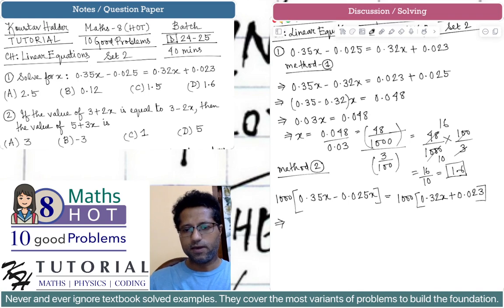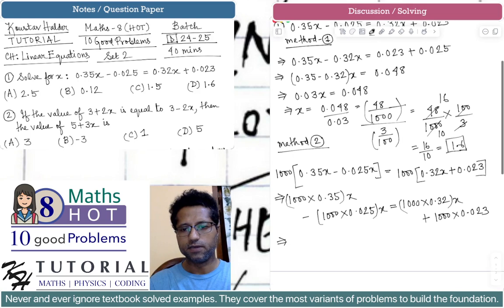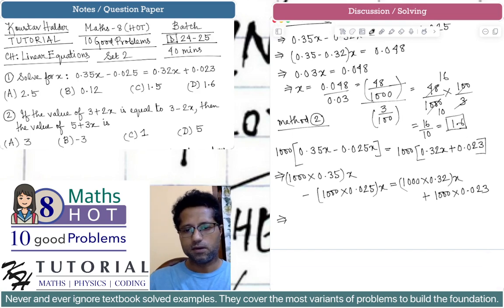Now, if you simplify the product of the 1000 on the LHS and the RHS, and apply the distributive law of multiplication over subtraction and addition, you get 1000 multiplied by 0.35x minus 1000 multiplied by 0.025 is equal to 1000 multiplied by 0.32x plus 1000 multiplied by 0.023.